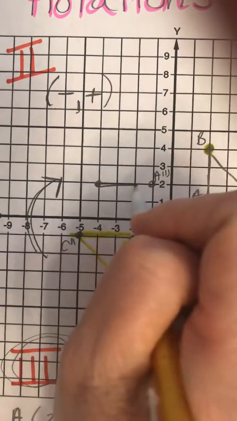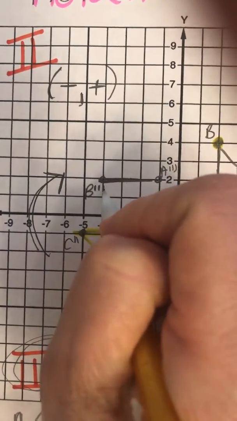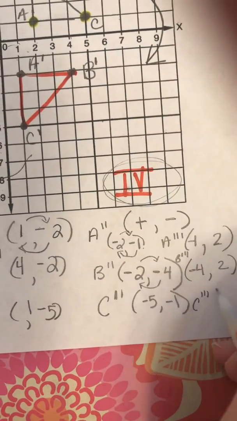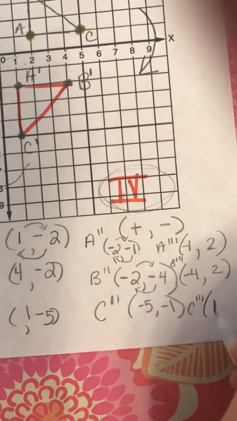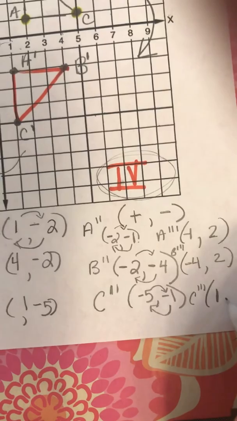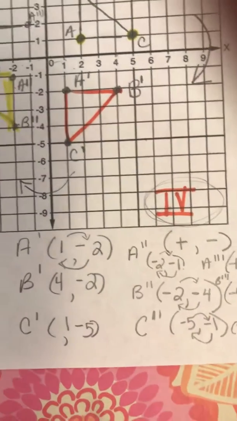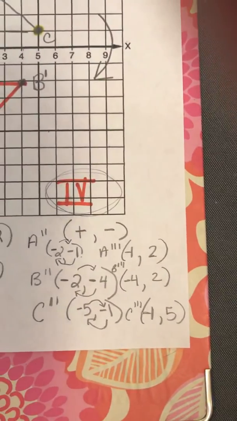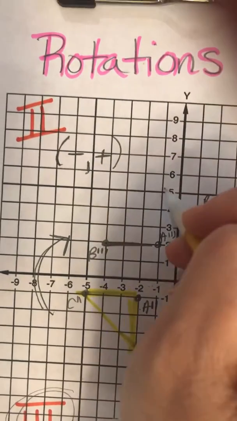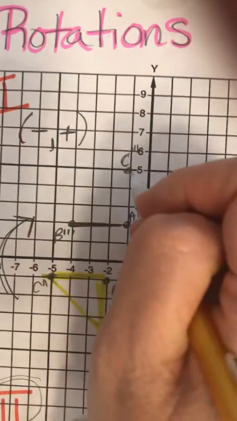See how it lines up nicely with my A there, so that's my B triple prime, and I've got one more point, and that's C triple prime, and that's going to be, again, switching my points, (1, 5), and I got to get that -1, so I stay in quadrant 2, and so (-1, 5), and that's my C triple prime.